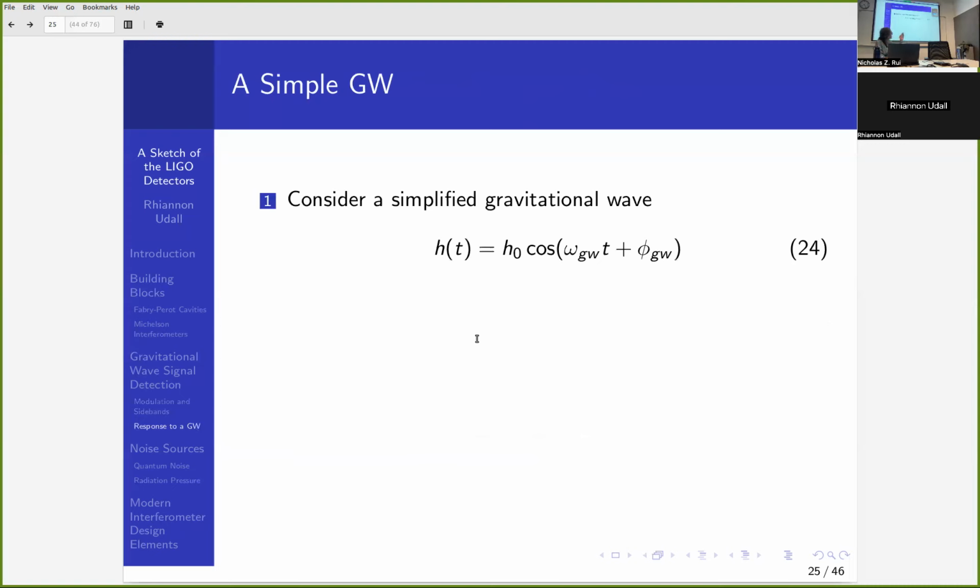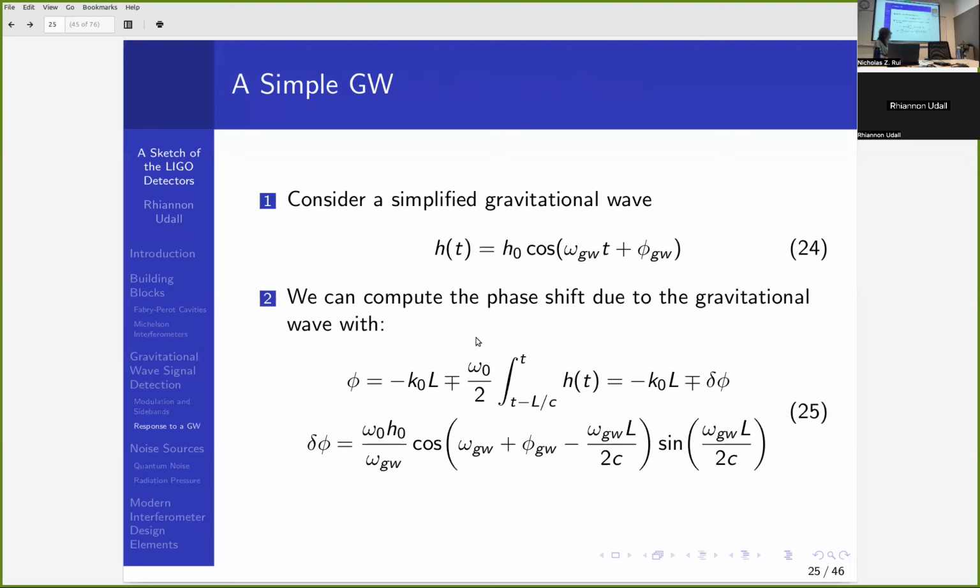So let's talk about the simplest possible gravitational wave. I guess you would call it a continuous wave source at a very lucky polarization and position. So basically, you can compute the phase shift for this. It looks like this. You do this integral, and it looks like that. All well and good.